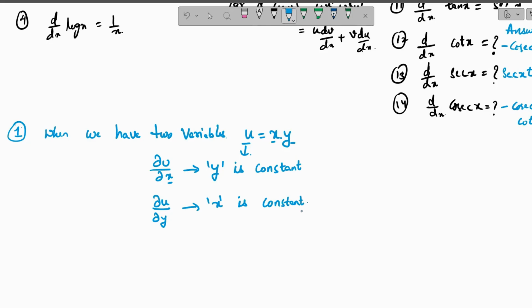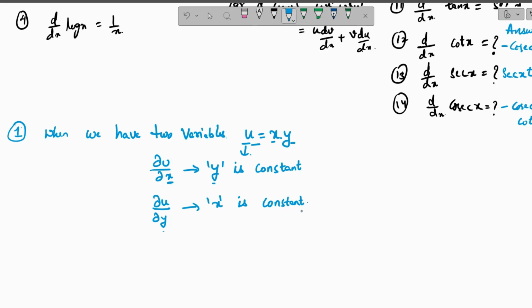Okay, in the partial differentiation, we are doing like this. When you are differentiating with respect to x, the y parameter will be treated as a constant. When you are differentiating with respect to y, x is treated as constant.